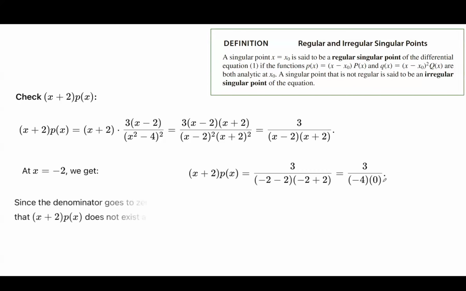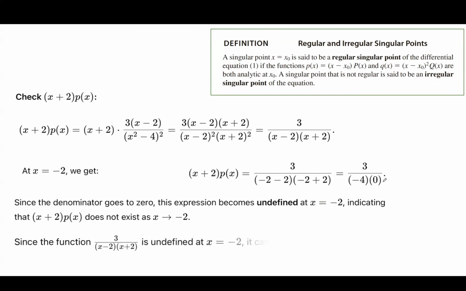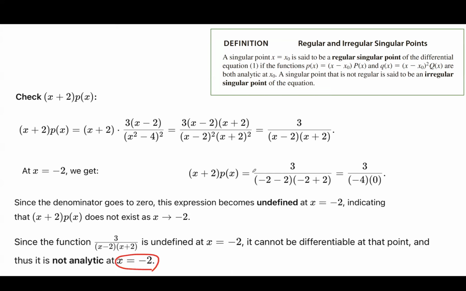So the limit doesn't exist as x approaches negative 2. So it means that you have an irregular singular point at negative 2. So again, x equals negative 2 gives you an irregular singular point for this example.